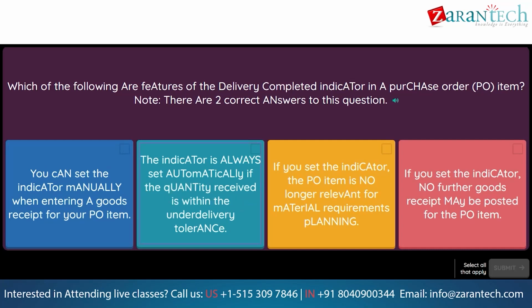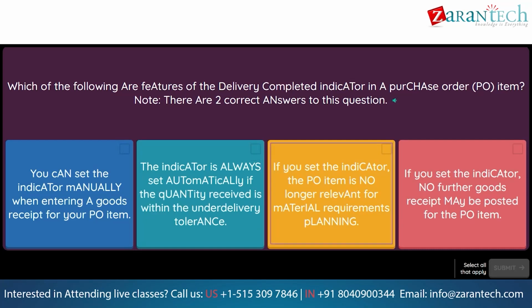Option 2: the indicator is always set automatically if the quantity received is within the under-delivery tolerance. Option 3: if you set the indicator, the PO item is no longer relevant for material requirements planning. Option 4: if you set the indicator, no further goods receipt may be posted for the PO item.